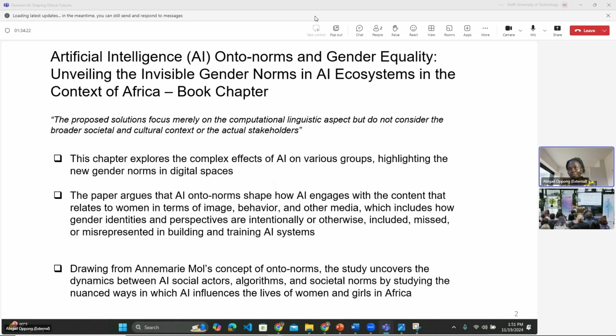Imagine somebody commenting on a post, body shaming a woman, and then you also ask that person to annotate this kind of data set. Of course, you have a skewed data set that's biased against women. Yeah, so this book chapter is also online. You can find it and read it as well.